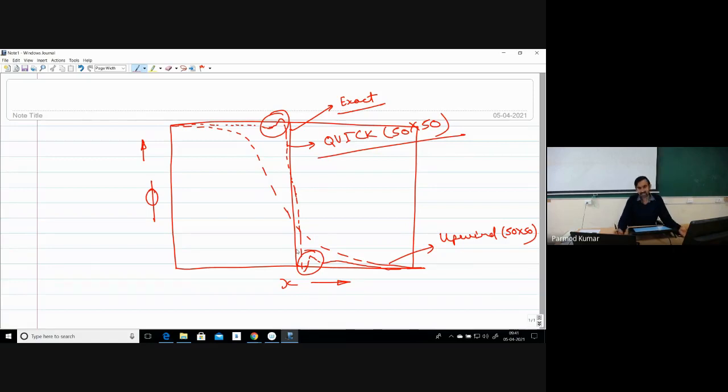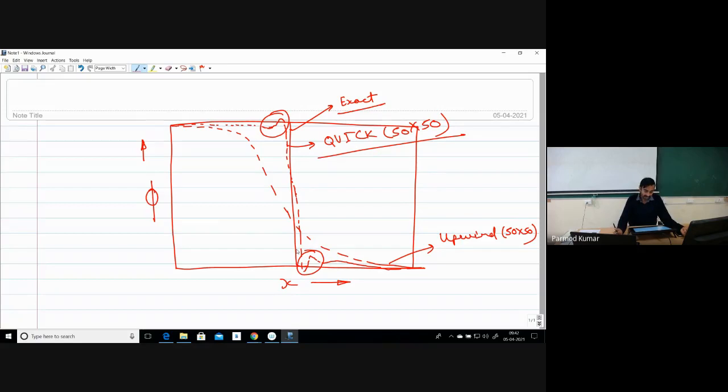But in general, if we consider any higher order scheme, not only QUIC, any other higher order scheme will have issues with oscillations in our solution. These oscillations are detrimental for our numerical solution because, as I told you, particularly in turbulent flow situations, we may have unrealistic results.